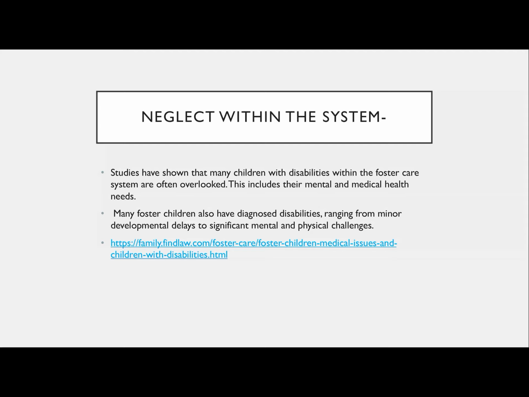And with the numbers of children that need care and attention, it is so hard for the system to put them in an adequate home, especially so fast and at the growing rates. This is why a lot of their mental and overall medical health is overlooked, because there's just not an ability to make sure that every child is fully equipped.